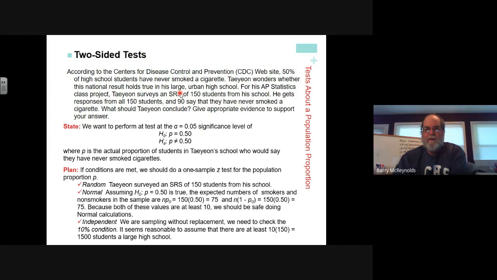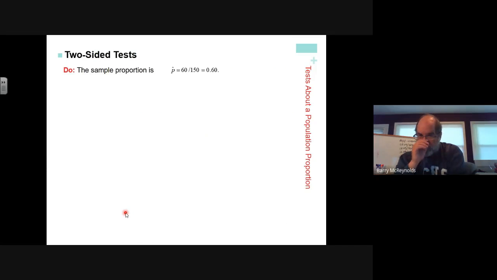We're just told that it is a large urban high school, and we can imagine a school in Los Angeles or Chicago or New York or Atlanta, Houston, any of those large cities could easily be more than 1,500 students. I mean, our school is not urban at all, and we've got 1,000 students. So it makes sense. So we'll conclude that the conditions for inference are met.